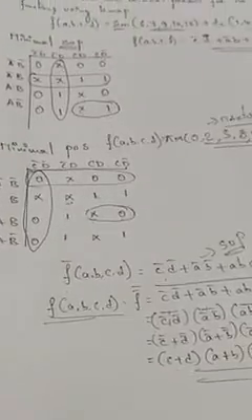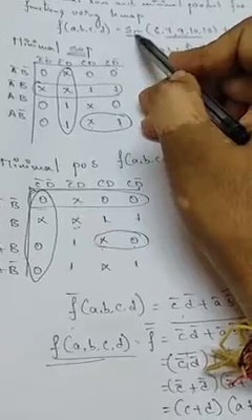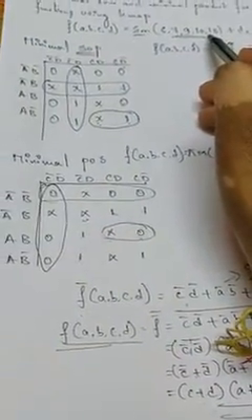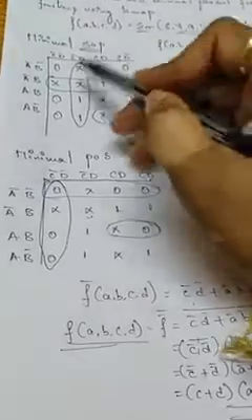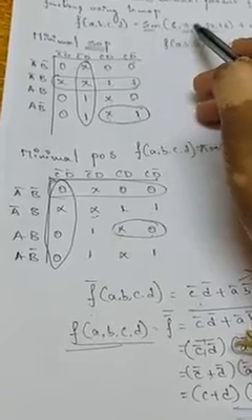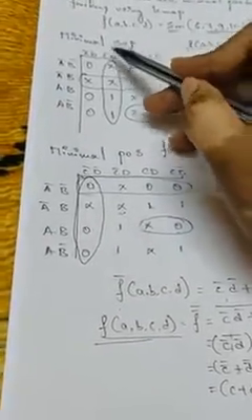In case the given expression is pi of capital M, let me assume max terms are given. What are you supposed to do? You need to fill the K-map with zeros or ones. The given expression is capital pi of m, so you need to fill with zeros, and the remaining portions with ones.